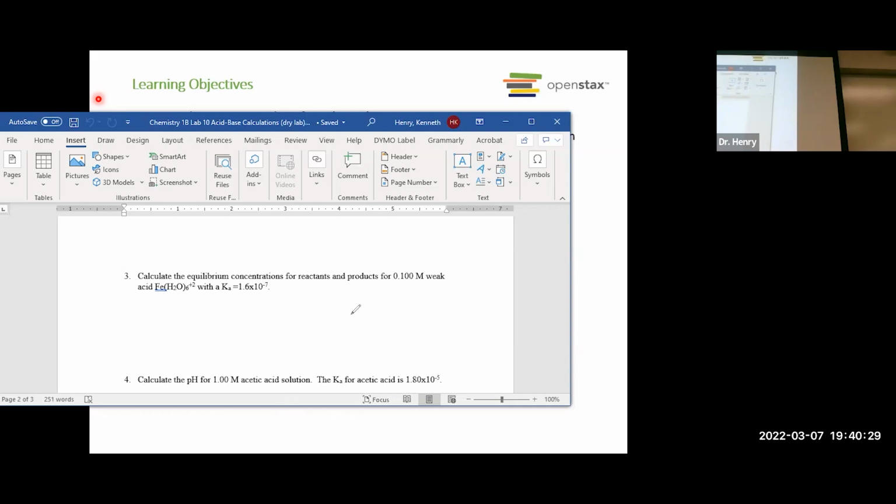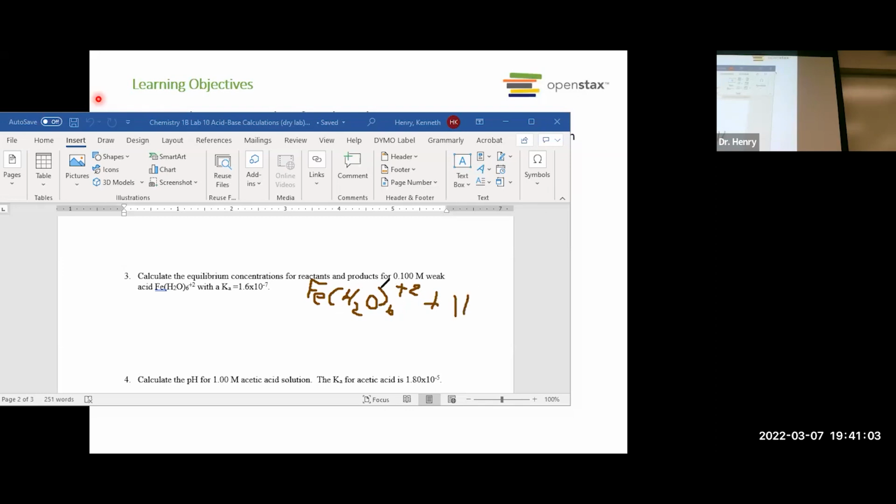It definitely does. So yes, it has to show the arrow. So that means we have equilibrium being established. So we have Fe(H2O)6 2+ and water.